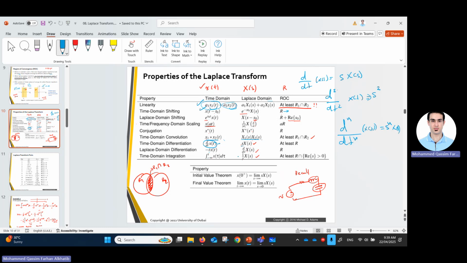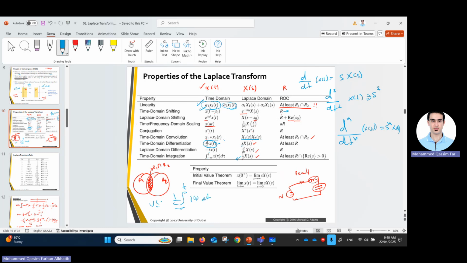Integration is going to be the opposite. If you differentiate, you will get multiplication by s. When you integrate, you divide over s. Something you will do, inshallah, in the control systems class when we analyze electric circuits with Laplace domain. You notice that for a capacitor, the voltage will be the integral from negative infinity to t of i of t dt, times 1 over c.